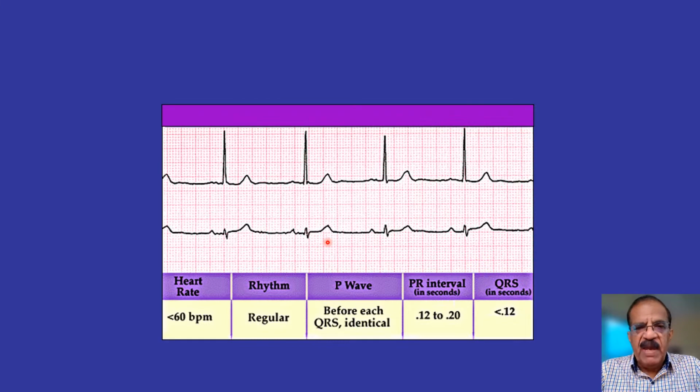P wave is best seen in either limb 2 or V2. So I think it is best to analyze one of these two leads, and if you have some other lead but P wave is seen clearly, then of course you can use that. So for rhythm analysis, you should be able to see both P wave and QRS complex.